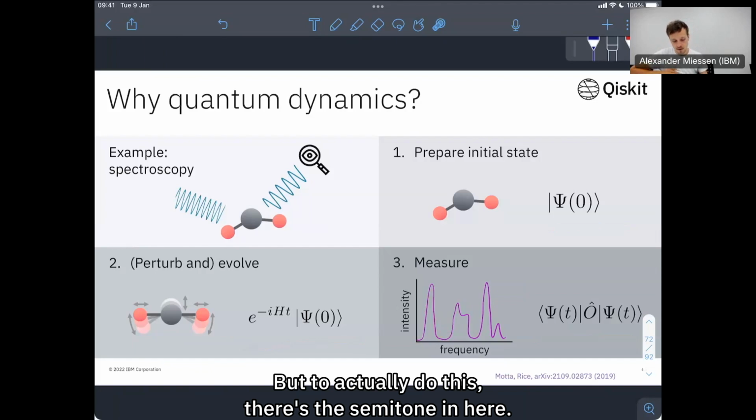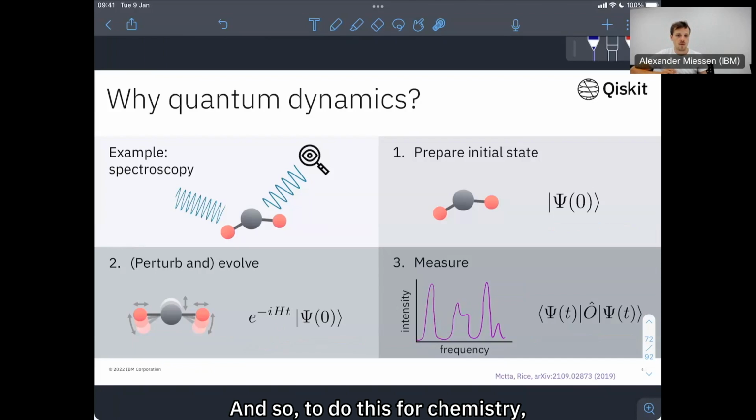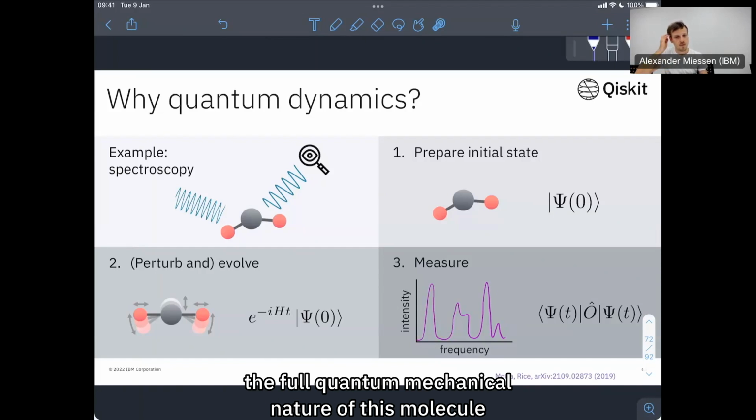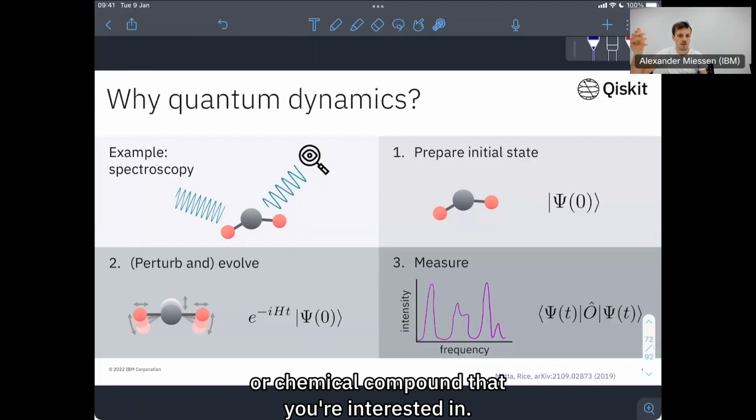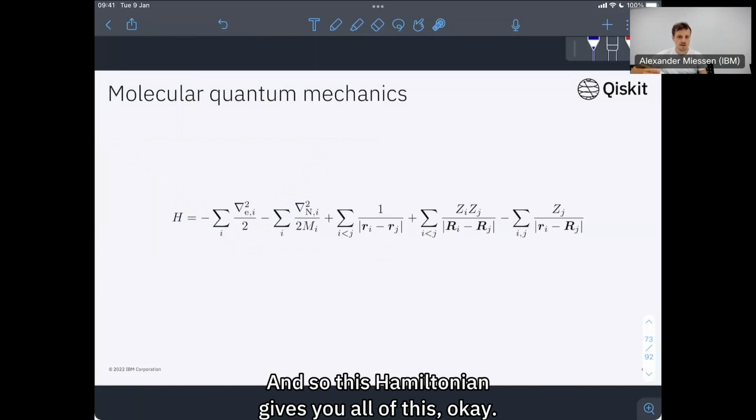But to actually do this, there's this Hamiltonian here that is the crucial part in this, essentially, right? And so to do this for chemistry, for molecules, for materials, whatever, you need to implement essentially the full quantum mechanical nature of this molecule or chemical compound that you're interested in. And so this Hamiltonian gives you all of this, okay?